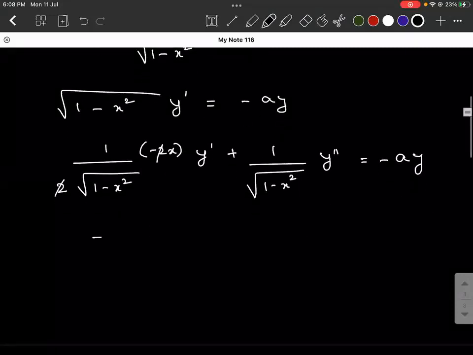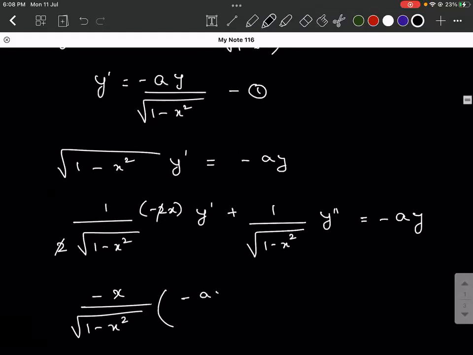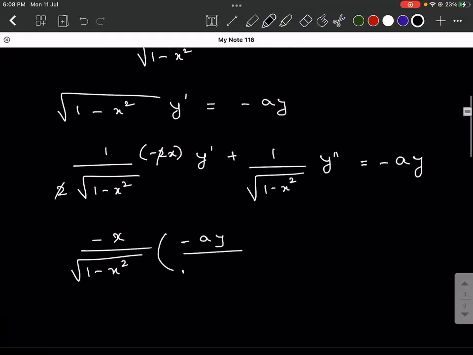So minus x divided by root of 1 minus x square into, in the place of y dash, can I write it as minus ay divided by root of 1 minus x square?